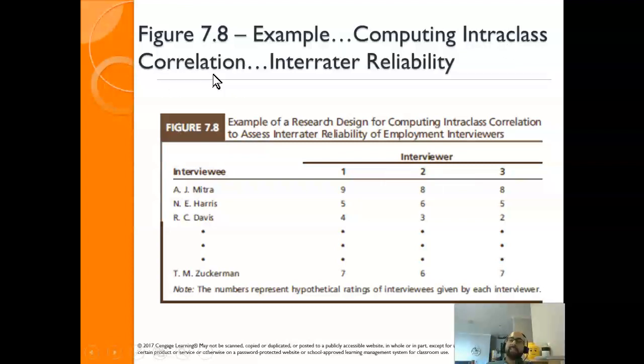This type of reliability is also relevant for any expert judgment, so judgment of how good a portfolio is, or evaluation of a resume, or of references. To work out the consistency across evaluators, we assess inter-rater reliability.